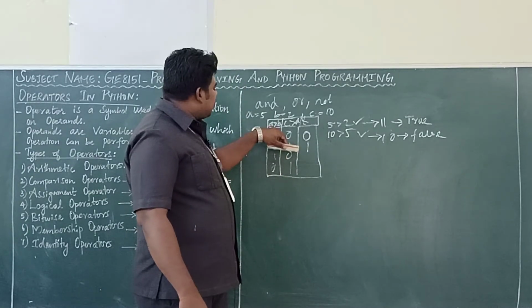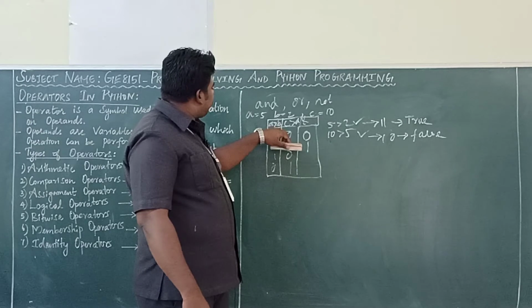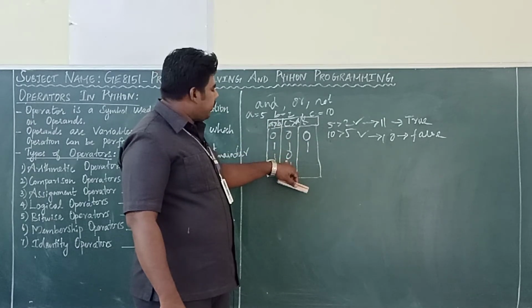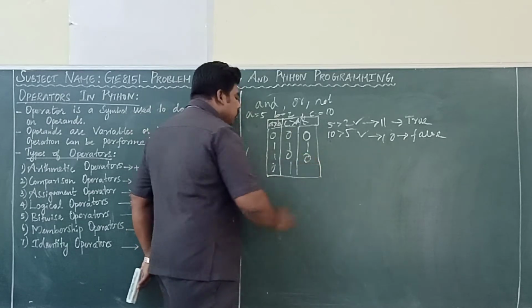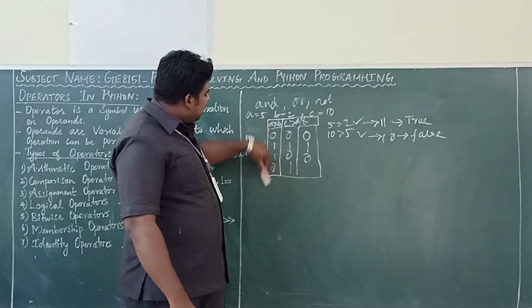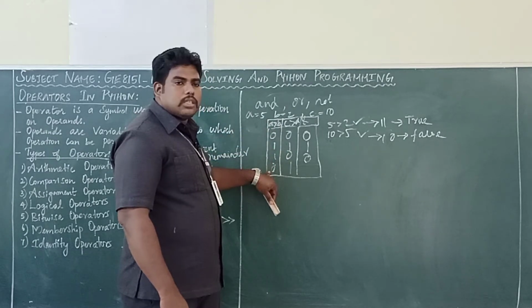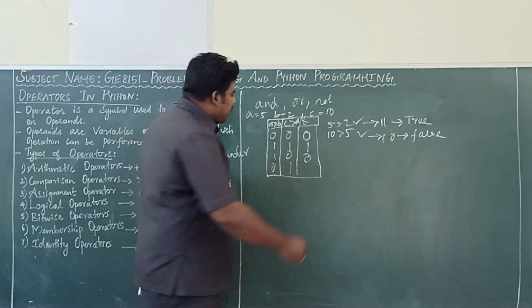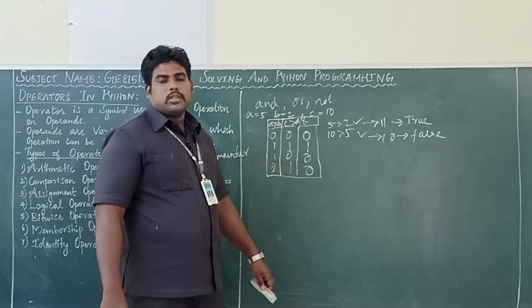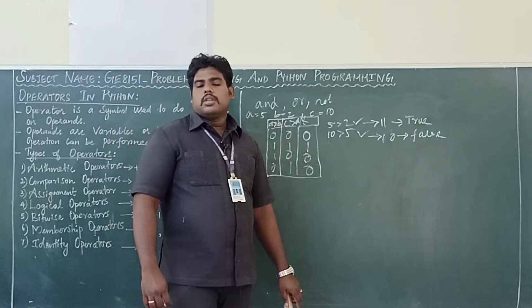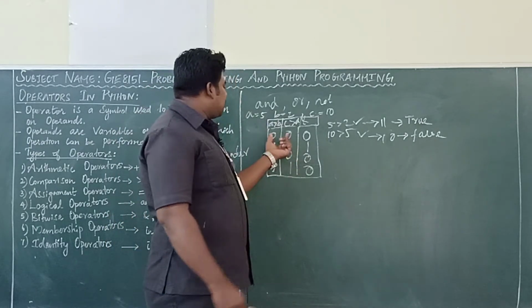Suppose the first condition is true and the second condition is false. What will happen? Like multiplication, 1 into 0 is 0, so it is false. In the next example, the first condition is false and the second condition is true. Again it is false. So the AND operator works like multiplication. It checks whether both conditions are true or false.